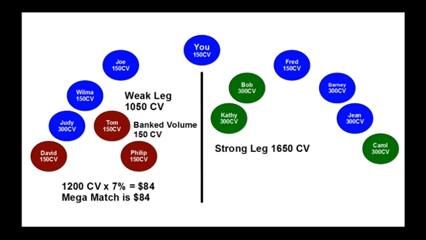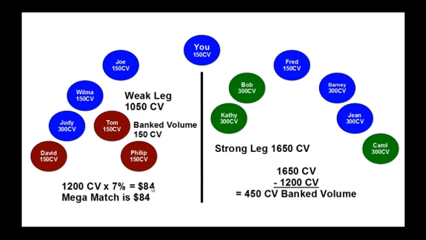So you earn an $84 basic commission, and your sponsor mega matches that. So not only did you earn more in basic commission, but your sponsor then earns a higher mega match because of that. And the other thing is, you just created 450 CV of bank volume on your right-hand side.